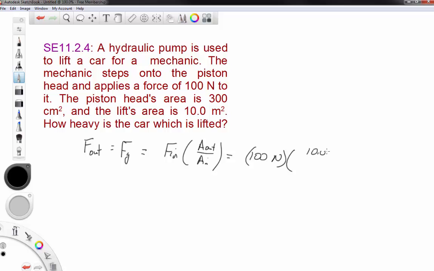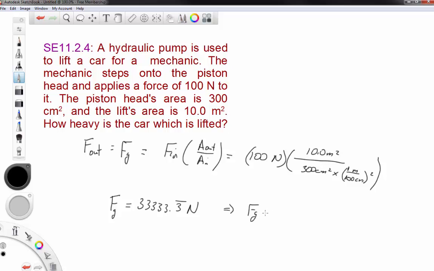So we'll say 10.0 meters squared divided by 300 centimeters squared times (1 meter per 100 centimeters) quantity squared. So what this means is that the total weight of the car, which may be lifted by this, is about 33,333.3 repeating newtons, or since we're using maybe 3 significant figures, maybe we should write this as about 33,300 newtons.